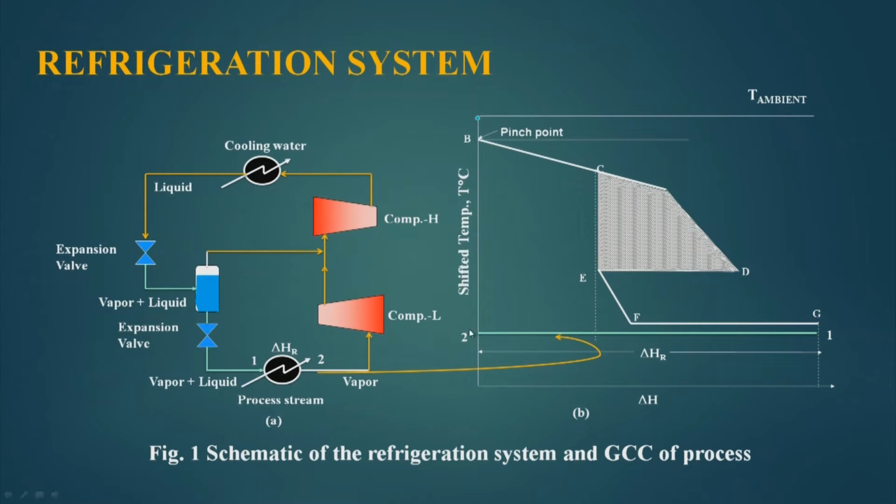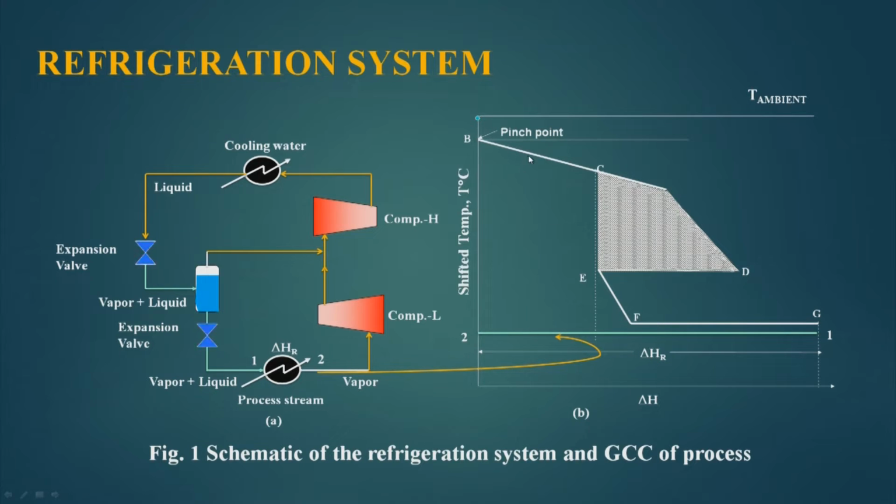Now, this shows a GCC, and this is the pinch point, and this is the lower part of the GCC. In this GCC, this area marked by the white is a process to process heat exchange area.